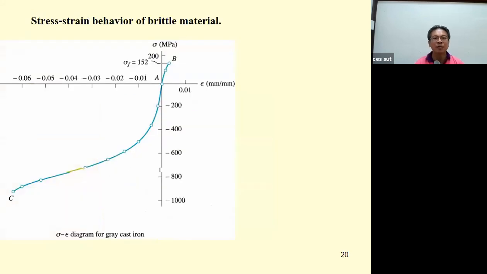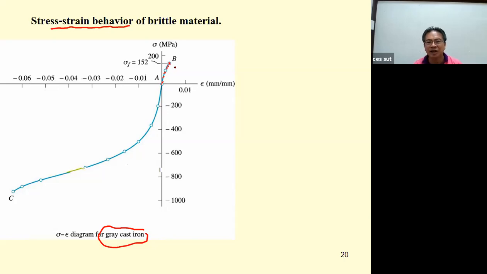And then we come to the stress-strain behavior of brittle material. There is gray cast iron for this stress-strain diagram, and you can see that cast iron contains a high percent of carbon, and the cast iron has micro cracks.